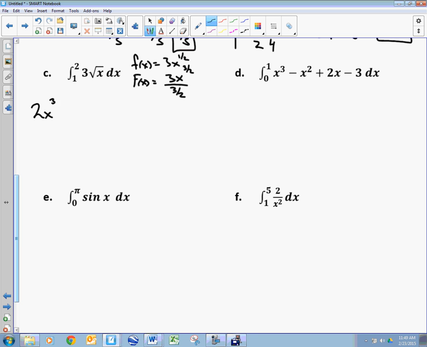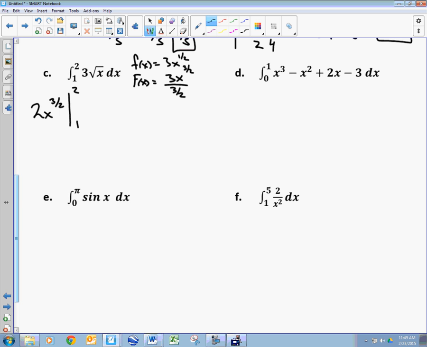We have 2x to the 3/2 evaluated from 1 to 2. When we take 3x to the 3/2 divided by 3/2, we multiply by the reciprocal, we'll get 2x to the 3/2. Okay? So we plug in 2.